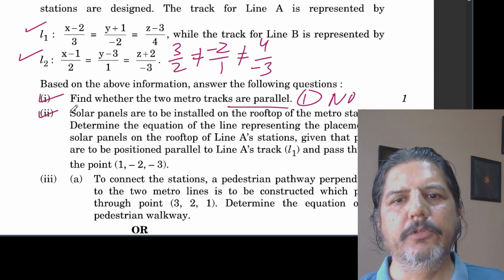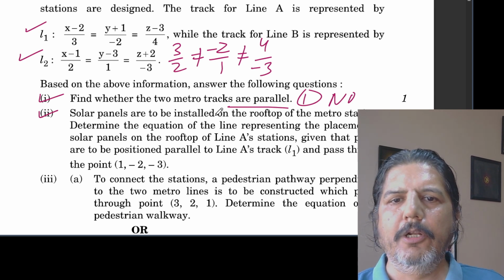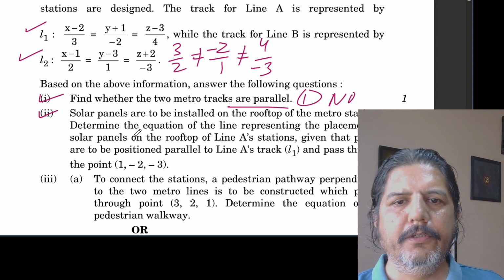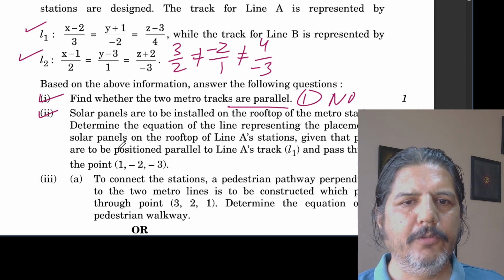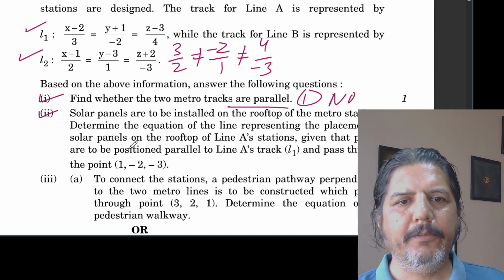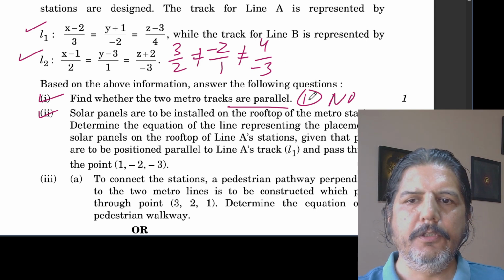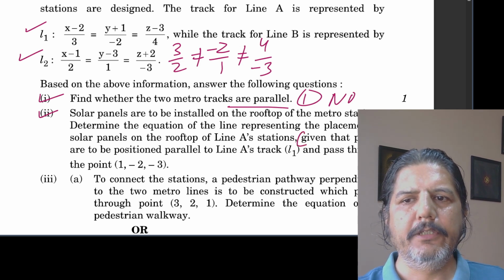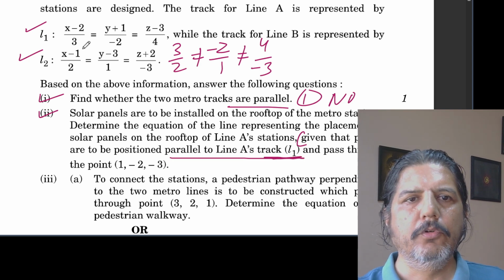Now let's come to the second part. Solar panels are installed on the rooftop of the metro station. Determine the equation of the line representing the placement of solar panels of the line A dash station, given that the panels are to be positioned parallel to line L1. So this is where our clues start.